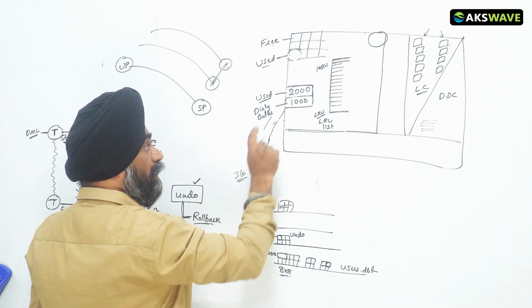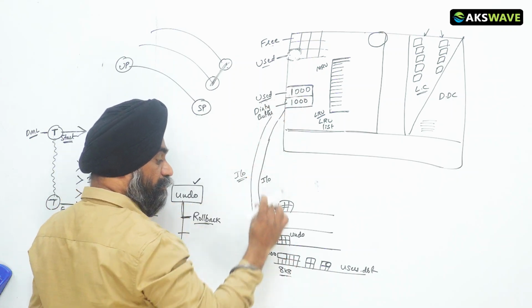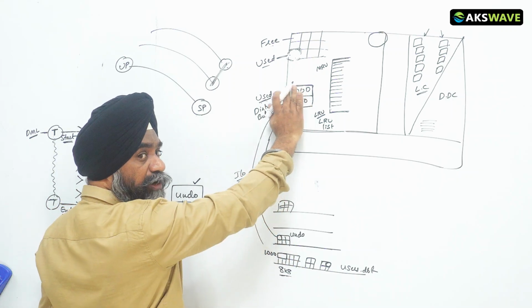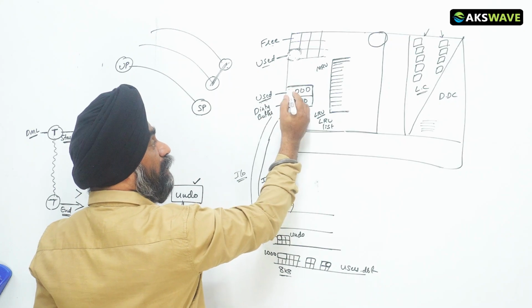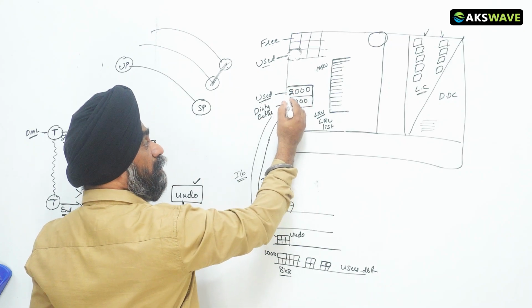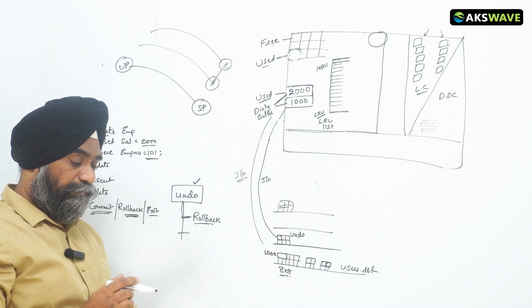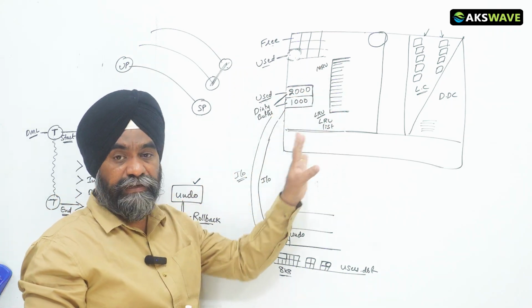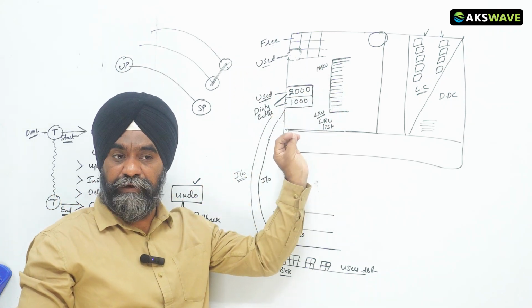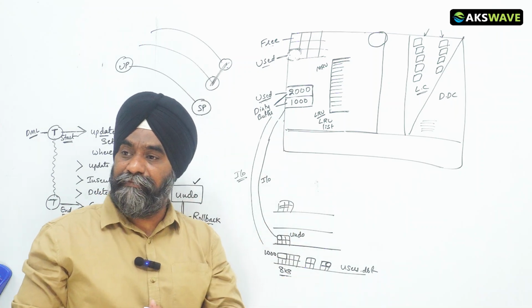Modified. Then the table block was 1000. When it is copied, simply loading data as it is, you're not doing any change. Correct? But if you modify this one to 2000, this buffer is also marked as dirty. Dirty buffers in my buffer cache are those buffers where the changes have happened by your DMLs.